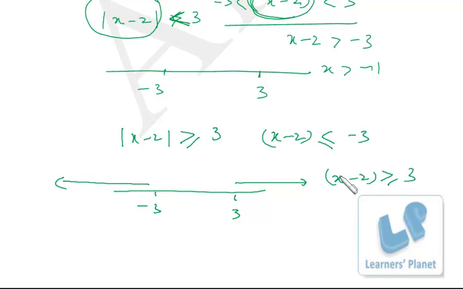Now you solve both the inequalities, and whatever answers you are getting, you have to mention all of them. Because in both cases this inequality will be satisfied. So do not go for any sort of formula. You should be conceptually clear whether it is x minus 2 or x plus 2. If it is x plus 2, put x plus 2 over here and solve it as you are solving, the very regular method.